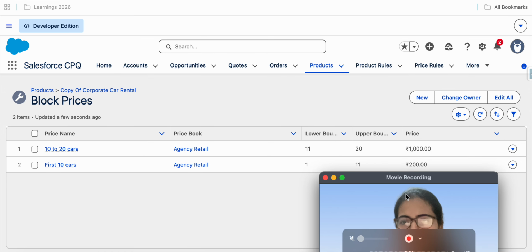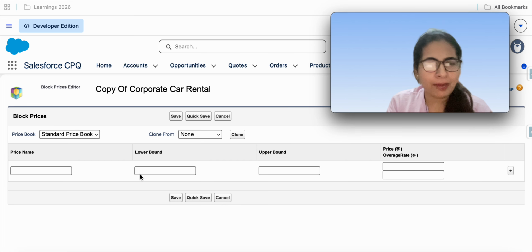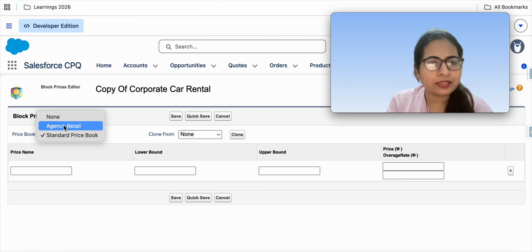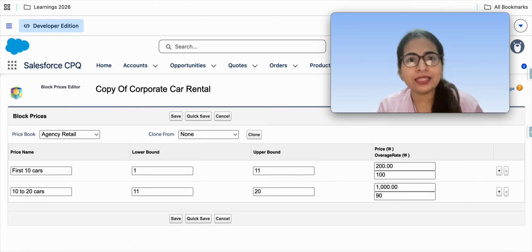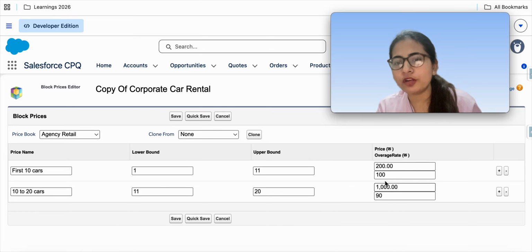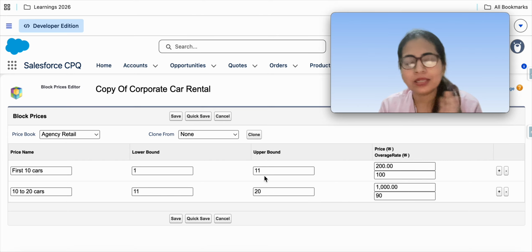If I click on edit and select the agency rental, you will notice that in the previous scenario you only had one block, not two. For 1 to 11 you were charging 1000 rupees, basically 1 to 10. We write 11 because it's plus 1. So 1 car to 10 cars was 1000 rupees only in the previous example, to be clear.